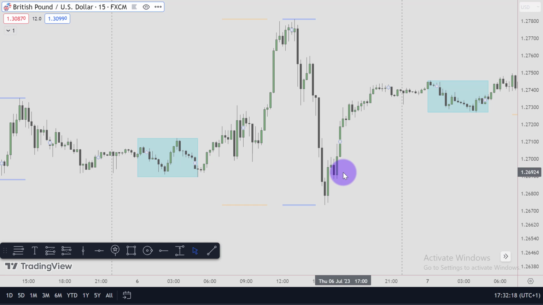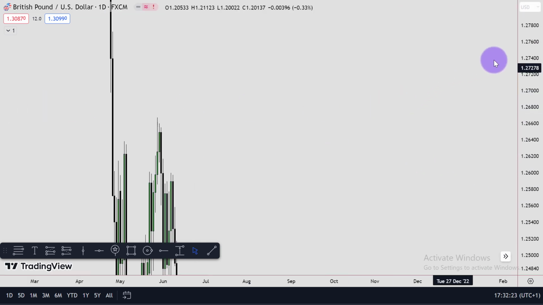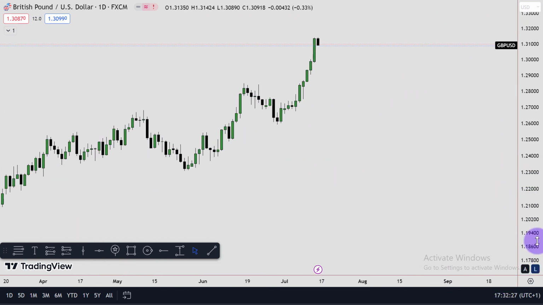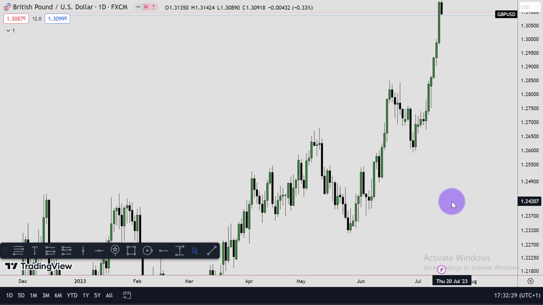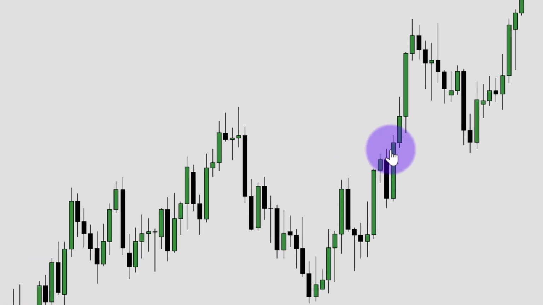So for example, if we have an objective on the daily time frame that is yet to be traded into, for example, right from this level where price created a new higher high and retraced back into that bullish order block with the tiny implied fair value gap right here.